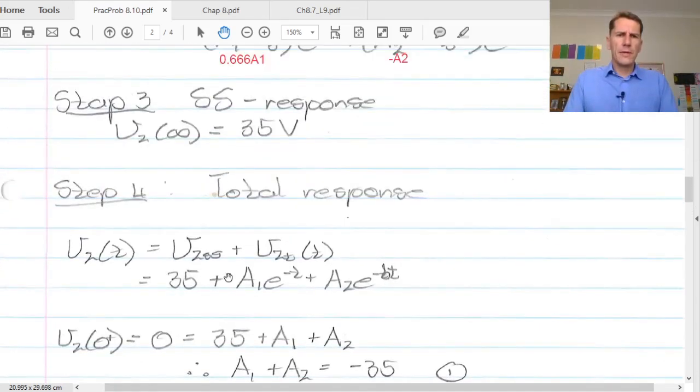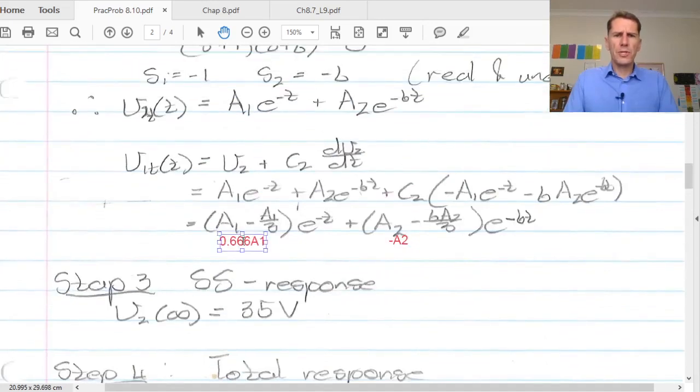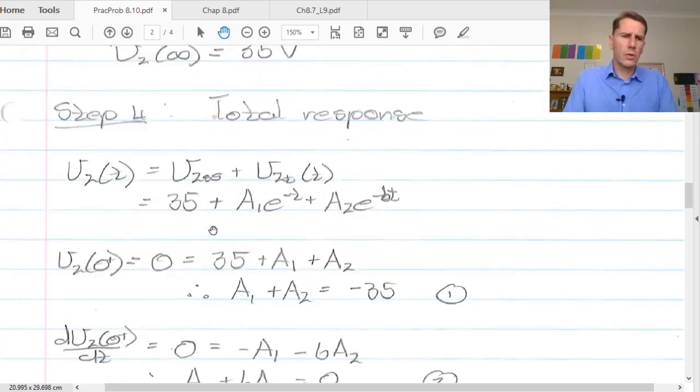At this point, you've got two equations, so you could choose which one to use: the initial conditions for V1 or for V2 to get A1 and A2. It'll work out the same.